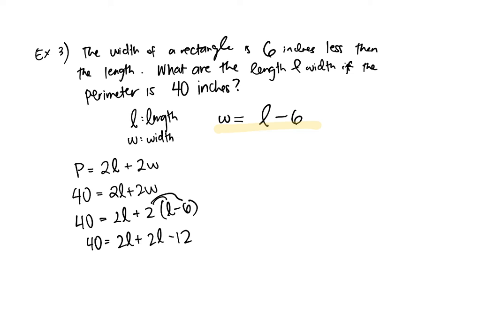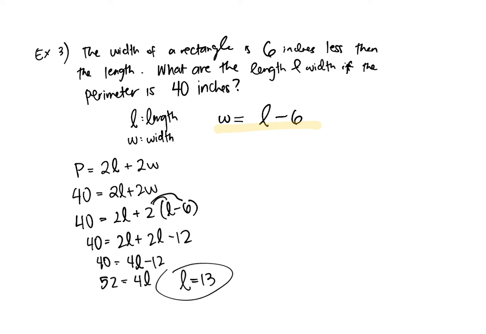So 2L plus 2L is 4L, minus 12 is equal to 40. Adding 12 to both sides, we have 52 is equal to 4L. And dividing both sides by 4, we're left with L is equal to 13.